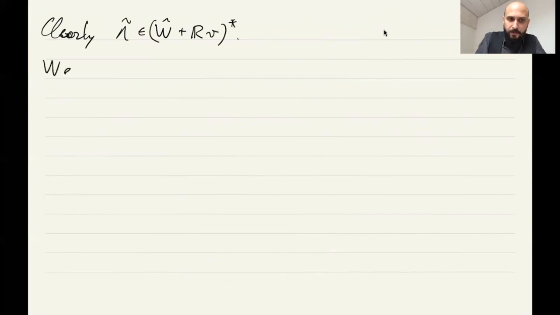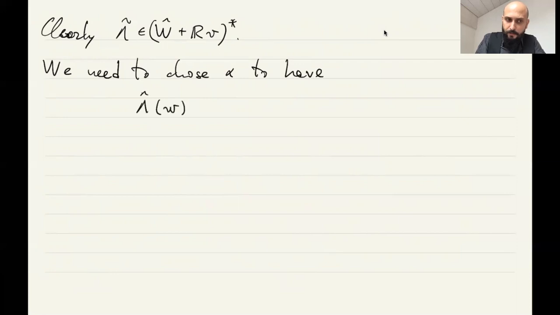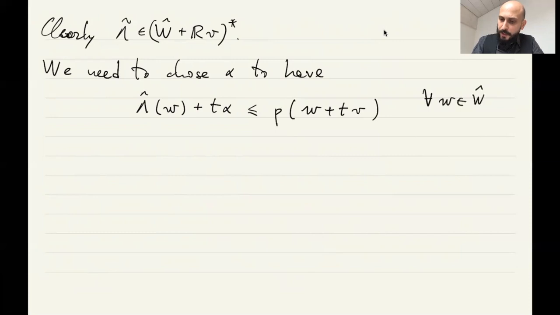We need to choose alpha to have the bound on the norm: lambda hat of w plus t alpha is less than p, the seminorm, evaluated at w plus tv, for all w in W hat and for all t in R.